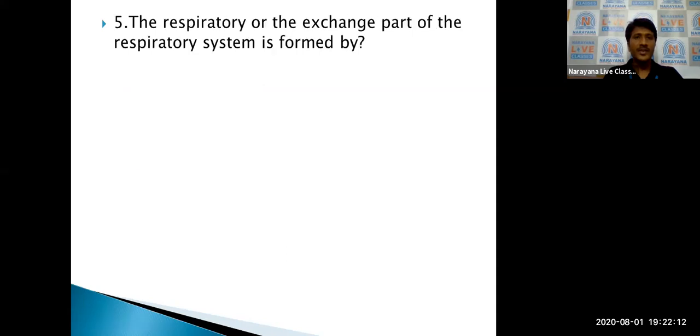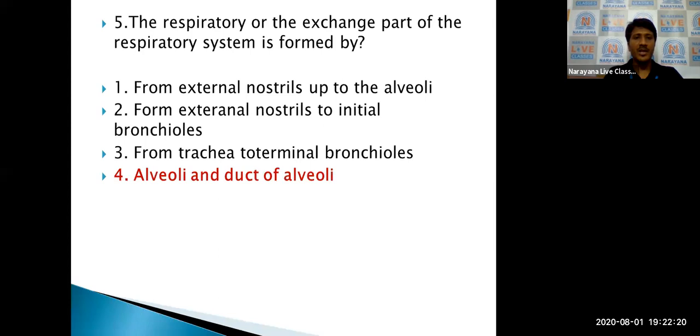Next, the exchange part of the respiratory system is formed by alveoli and ducts of alveoli. These are the end parts of the primary, tertiary bronchi.